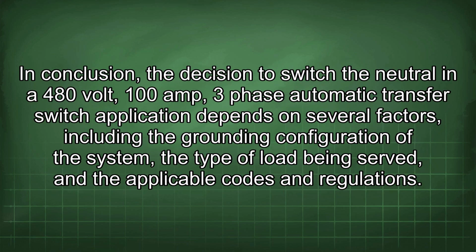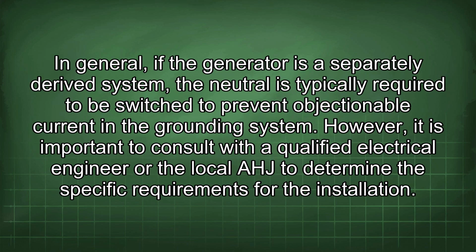In conclusion, the decision to switch the neutral in a 480-volt, 100-amp three-phase automatic transfer switch application depends on several factors, including the grounding configuration of the system, the type of load being served, and the applicable codes and regulations. In general, if the generator is a separately derived system, the neutral is typically required to be switched to prevent objectionable current in the grounding system.